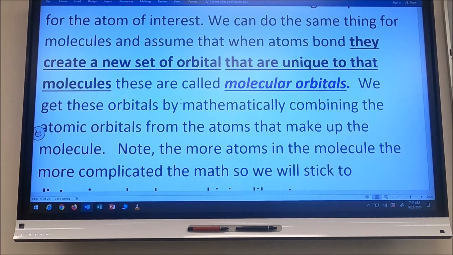This is called a molecular orbital, and we're getting ready to talk about molecular orbital theory. According to molecular orbital theory, when atoms bond, nobody keeps anything that was theirs originally. Everybody gives up their atomic orbitals, and they make a new set of molecular orbitals that are unique to that molecule. Now, molecular orbital theory and the math of it is very complicated, so we're going to stick to very simple cases.